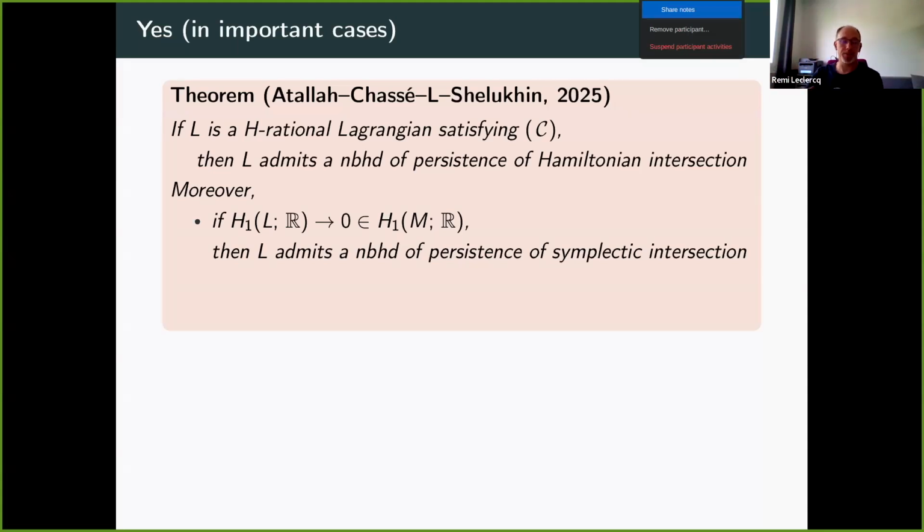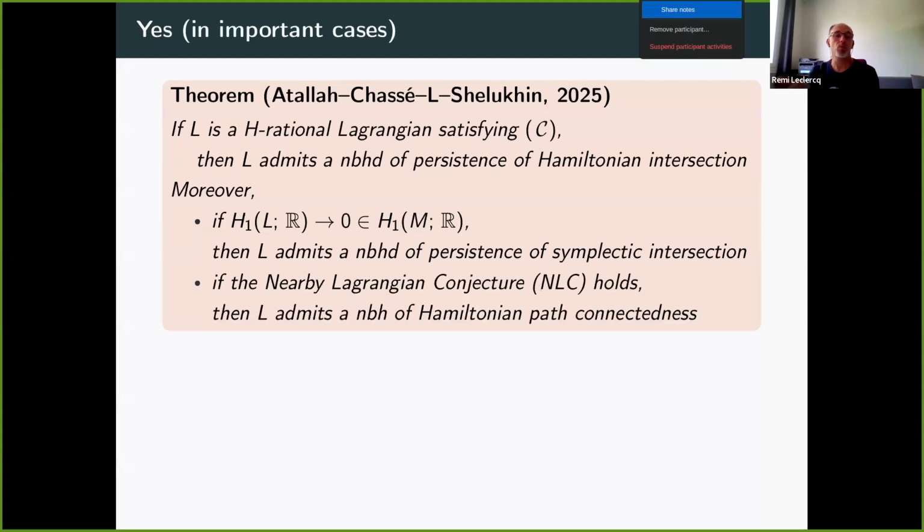You will see the reason behind it, which is kind of obvious, but I cannot explain it now. And the second one is if you happen to know that the nearby Lagrangian conjecture holds in T star L, then L admits a neighborhood of Hamiltonian path connectedness, a positive answer to question A here.